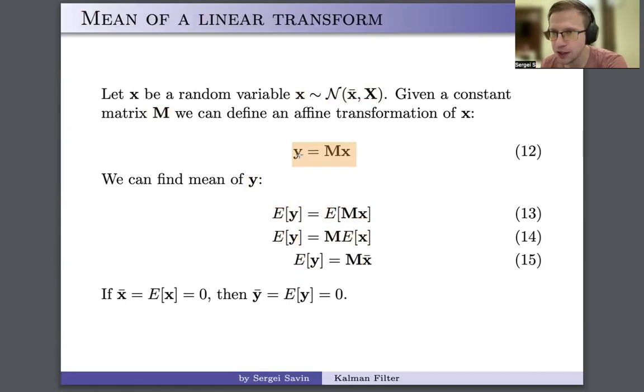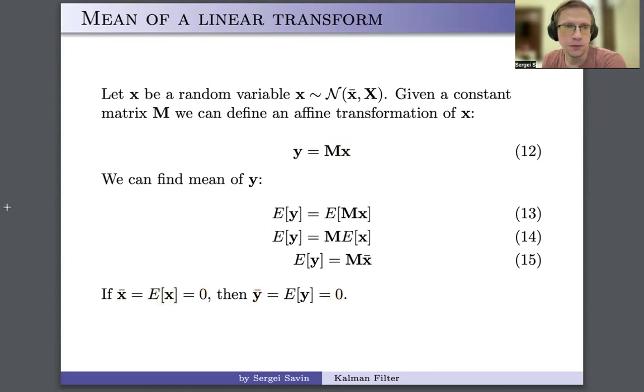This is not something you need to memorize or internalize. I'm just showing you how you do this exercise. In this case, it is kind of trivial. And if X bar is 0, then Y bar is also 0. So a linear transformation of a zero mean variable results in a zero mean variable. So the mean is not going to be shifted by a linear transformation.